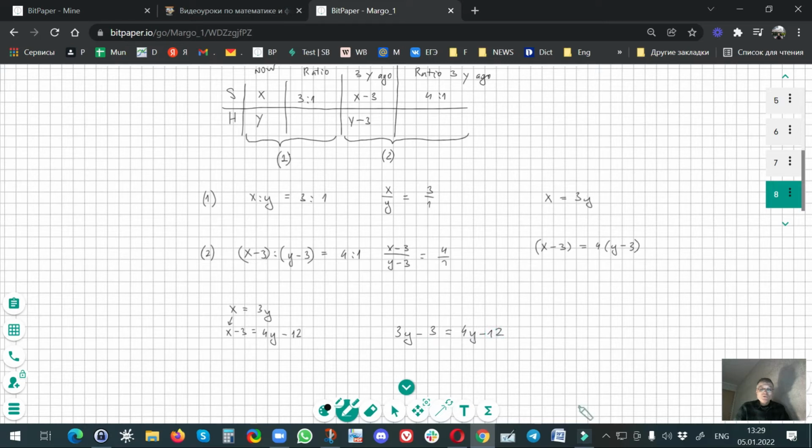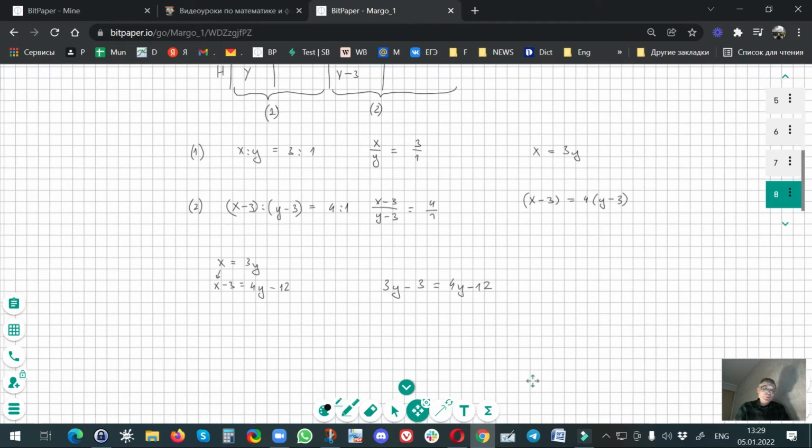And then we just solve it. We see that it's easier for us to collect all the numbers on the left-hand side. So, to do that, first we add 12 to both sides of the equation in a usual way.